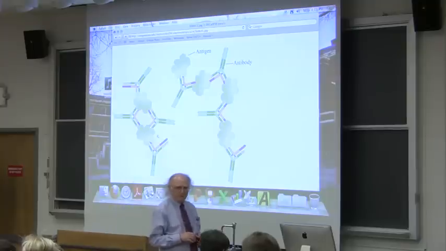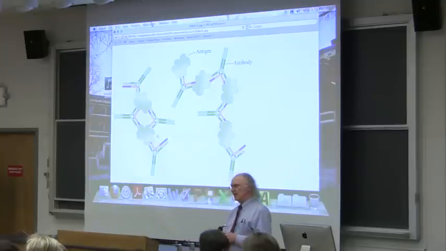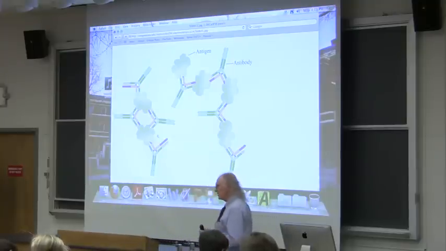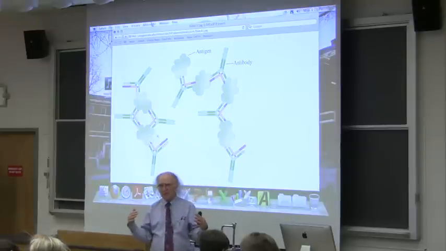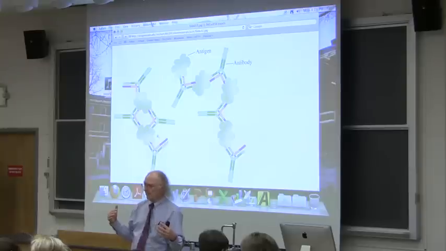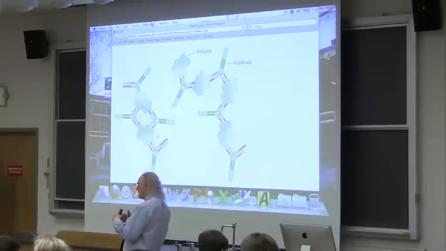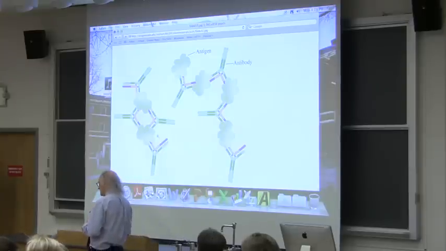So there are rearrangements that happen inside of your immune cells that are shuffling coding sequences that make antibodies.